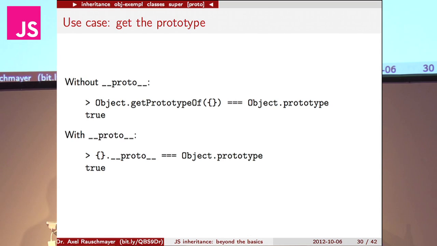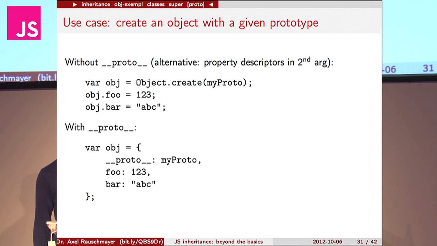Where you do get quite a lot of an improvement is if you want to create a new object that has a given prototype. Here we use Object.create to make an empty object whose prototype is myProto, and then fill it via assignment. The alternative you have is to use property descriptors in the second argument.